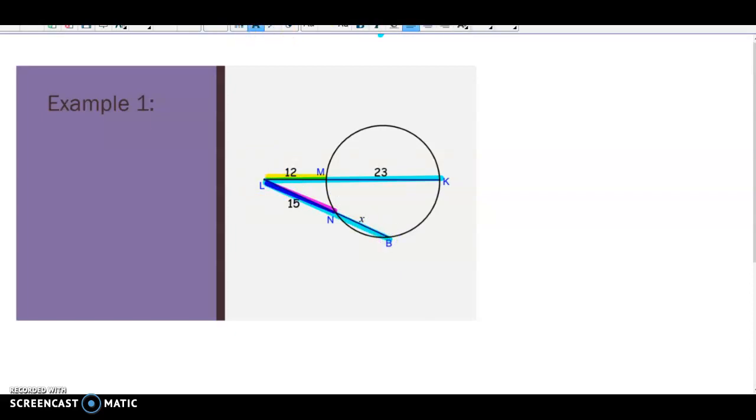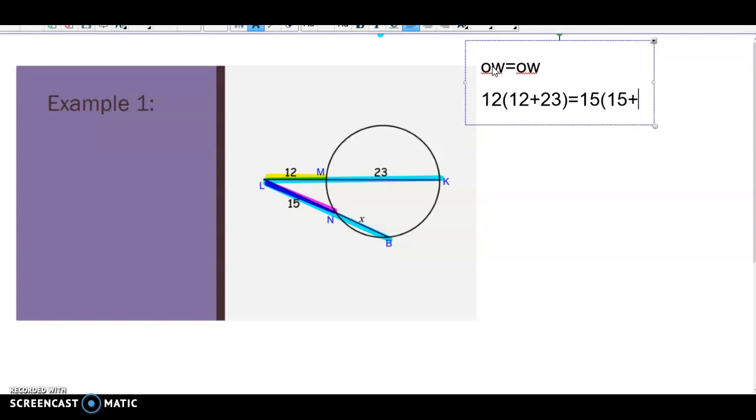So to set this equation up, I would have outside times the whole is equal to outside times the whole. The outside for the first secant is 12. To get the whole, I would do 12 plus 23, is equal to 15 is the outside on the second secant, and then to get the whole, I would do 15 plus x.